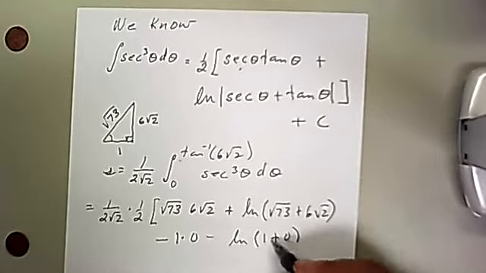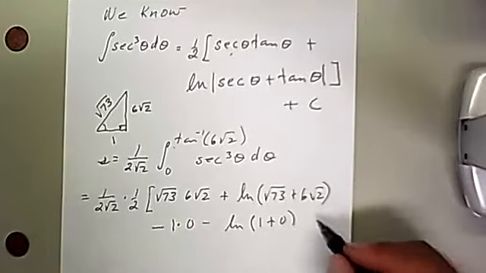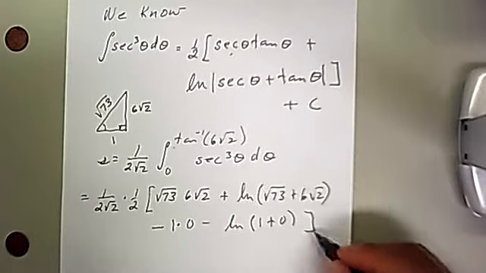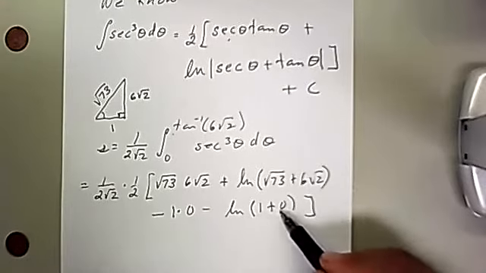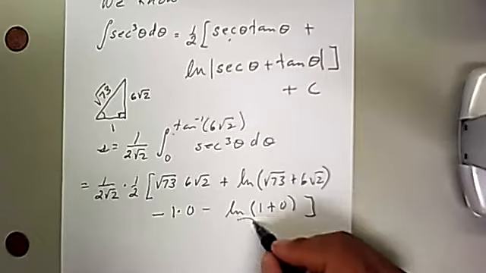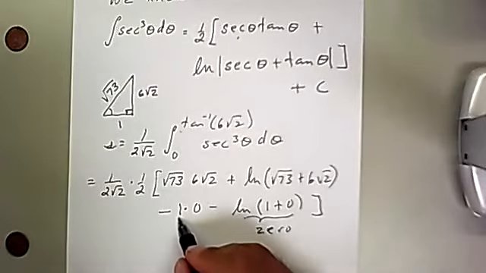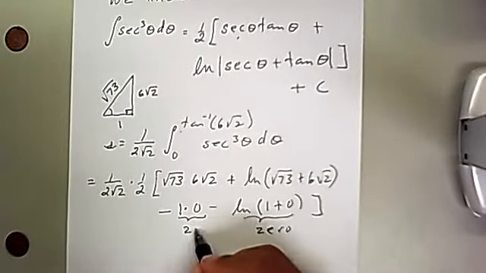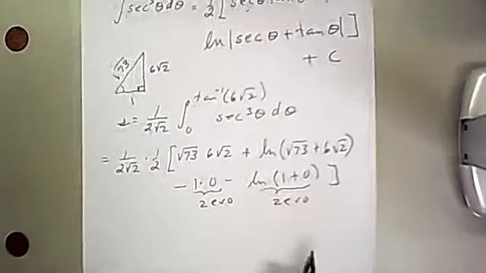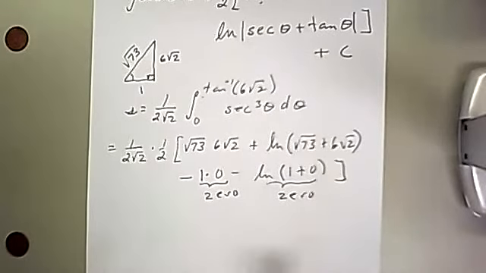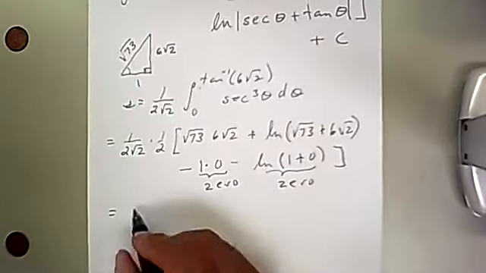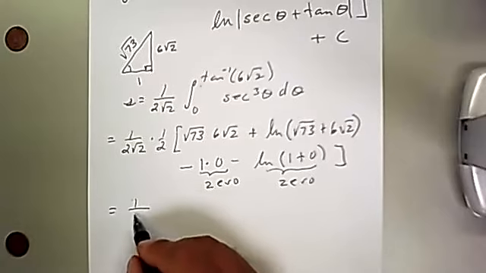They're non-negative, so there's no need to put absolute value. Close the bracket. The natural logarithm of 1, of course, is 0. And of course, that is also 0. So we end up with 1 over 4 square root of 2.